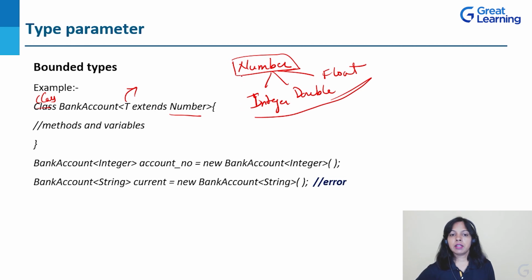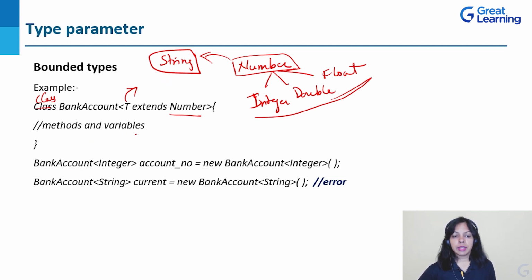It cannot be something outside this Number class. For example, String. String is a class in Java which is not a subclass of the Number class. So this T type cannot be String here. See the example here.